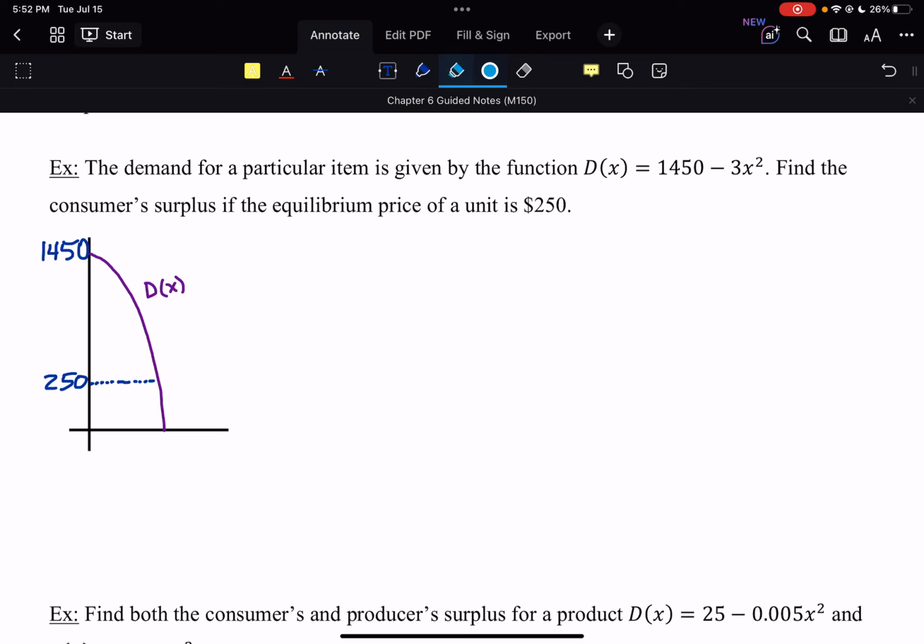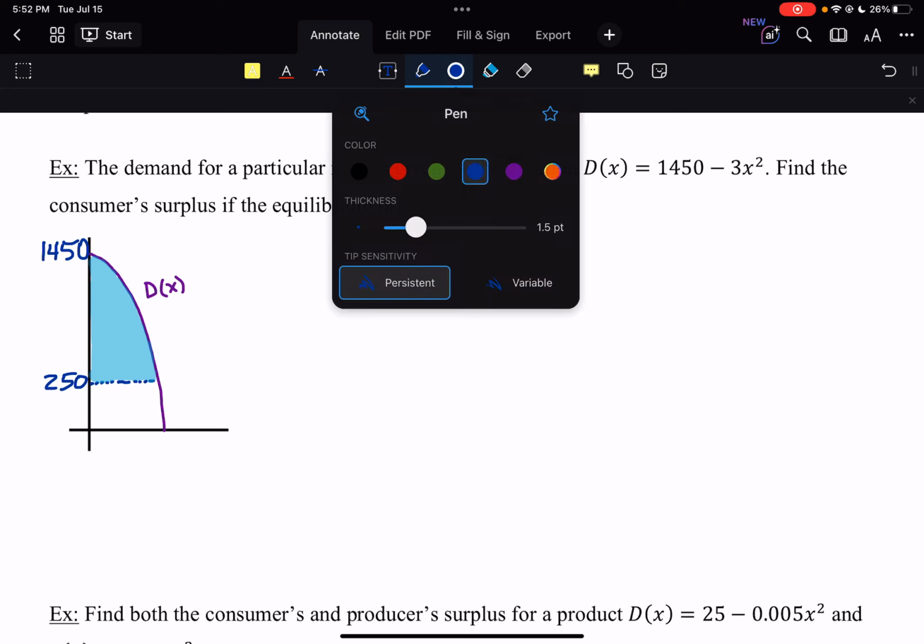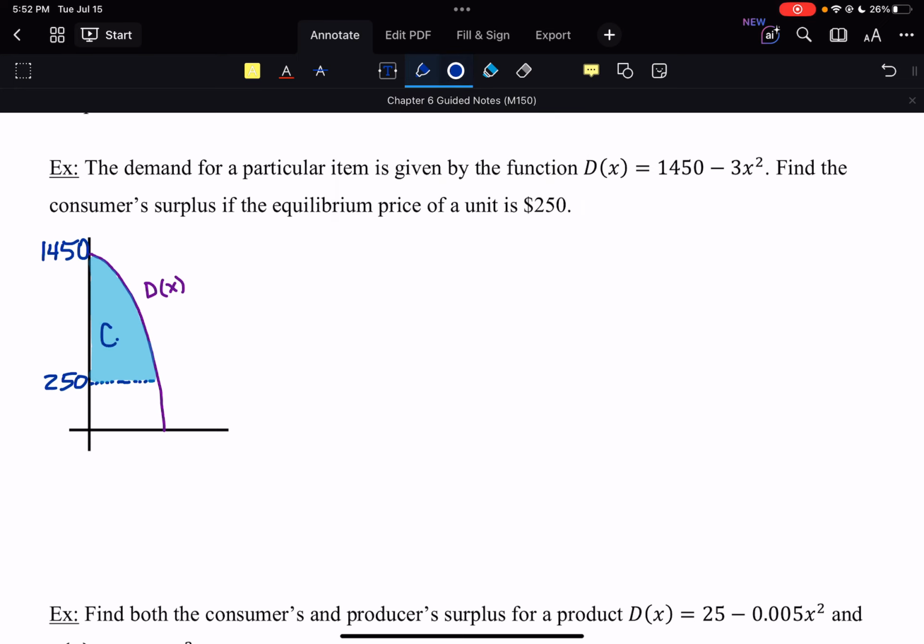So the consumer surplus is going to be this area up here. So this is our consumer surplus.